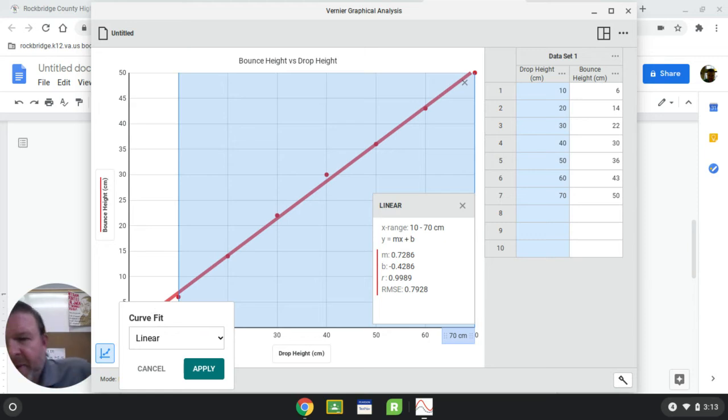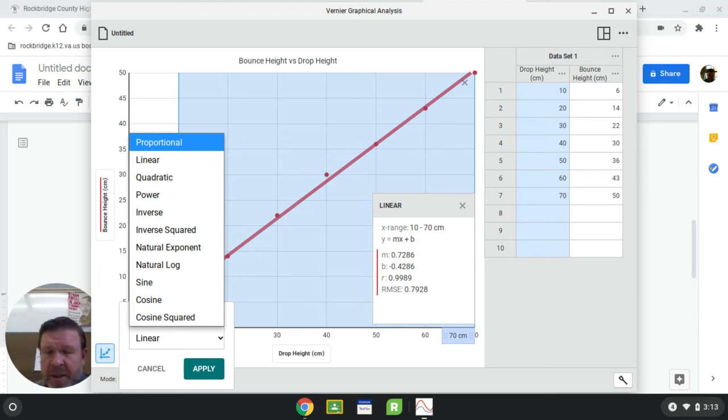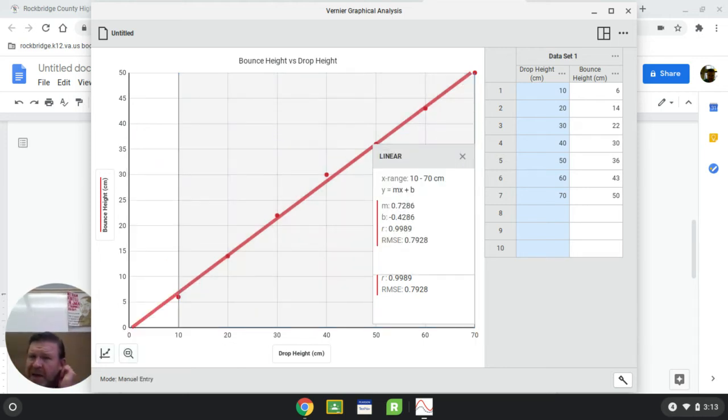Then I would also like to apply a curve fit. That's how I got that line of best fit. And the very first option that comes up is linear. This looks like a straight line, so that's your option here. But you can do other things, including, also in this one, what is a proportional fit? Well, a proportional fit is also a linear fit, but it's a linear fit where the line has to go through the origin.